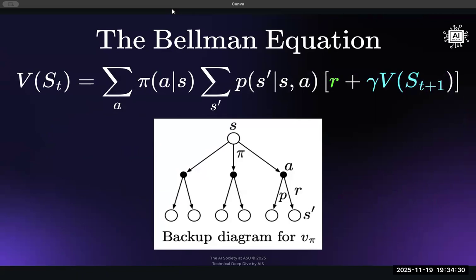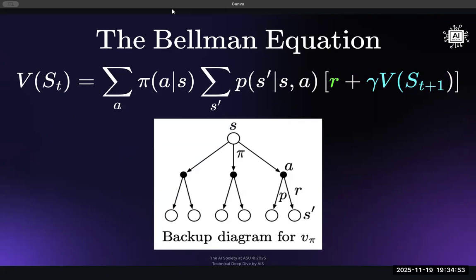So this is, of course, putting it into a diagram, right? We have a state, we're going to take an action. It gives us a reward. And then we go to the next state. We also have the policy pi there. But P is just the probability of transitioning between S and S prime, given the action that we take.